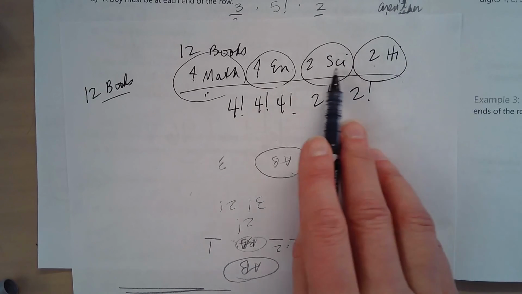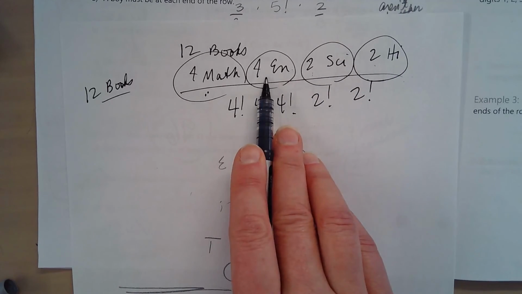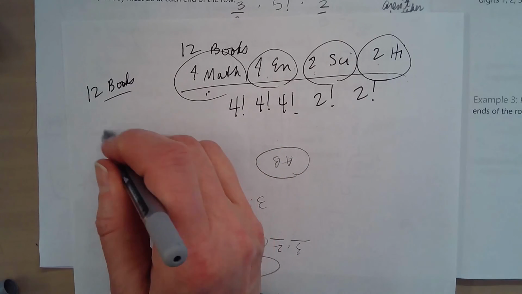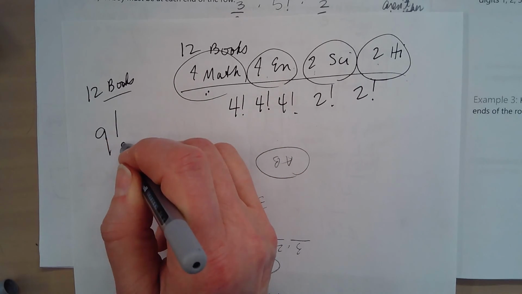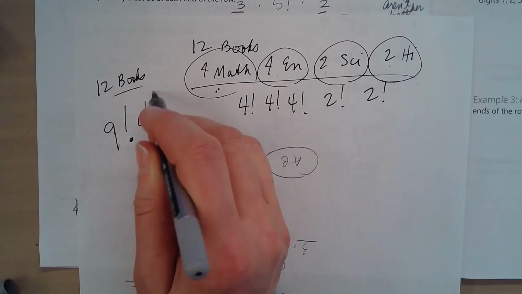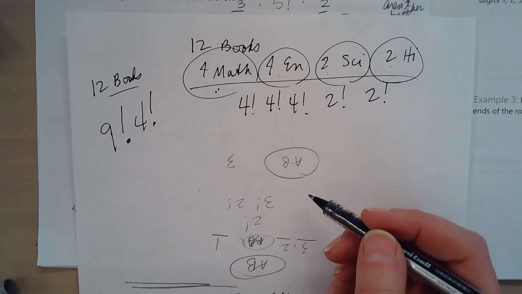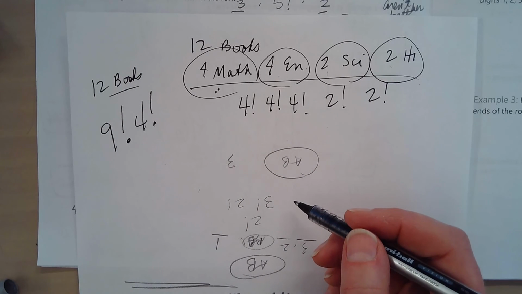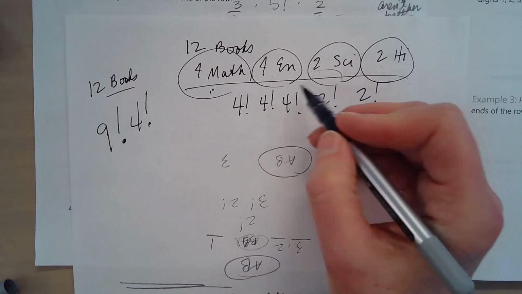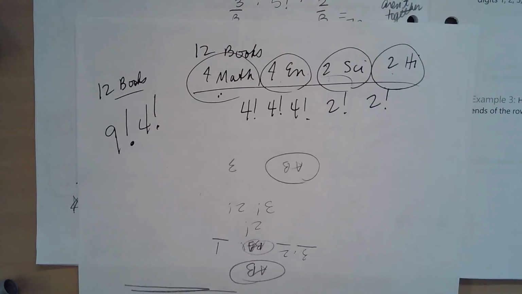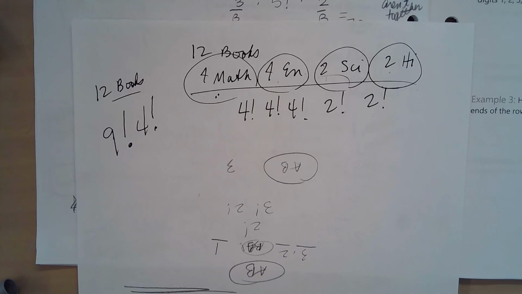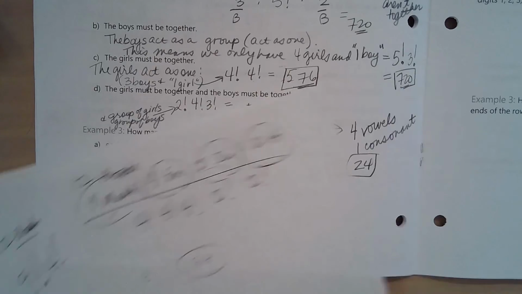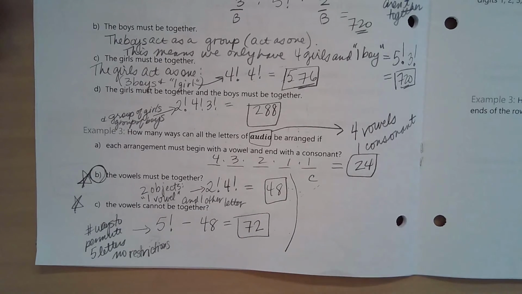I have 2, 4, 8, 9. 9 books. And then the math can be permuted 4 factorial. Right? Because these guys would just be regarded as separate. Yeah. Okay.